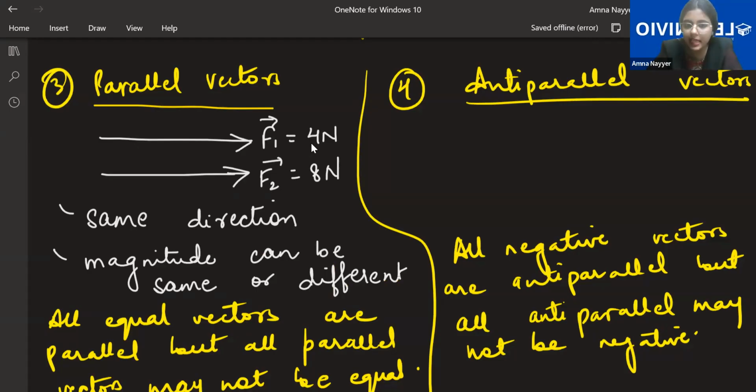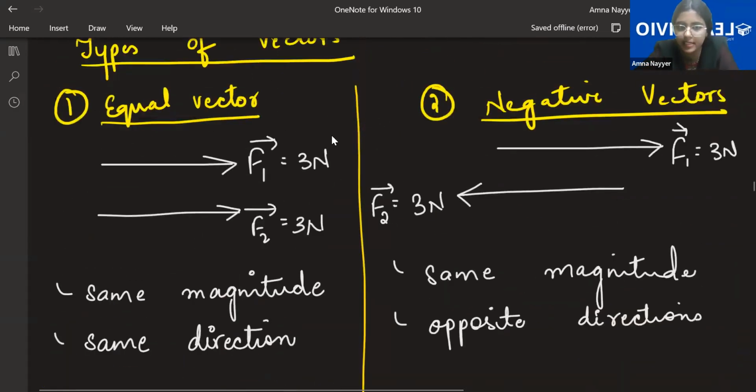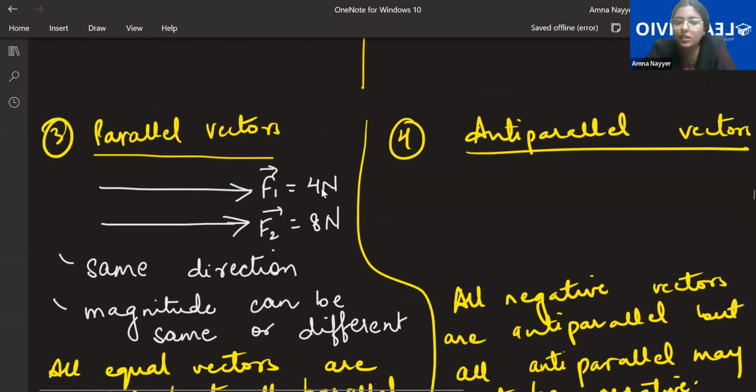If the magnitude is the same, 4, 4 or 8, 8, it will become equal vectors. What was there in equal vectors? Same direction, same value. So here also, if the two magnitudes are the same, it will become an equal vector. If magnitudes are different, it is a parallel vector. But see, the magnitude can be same or different.